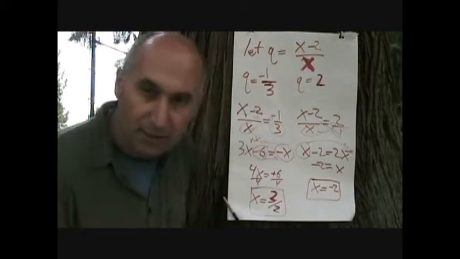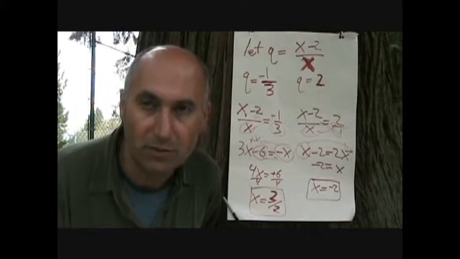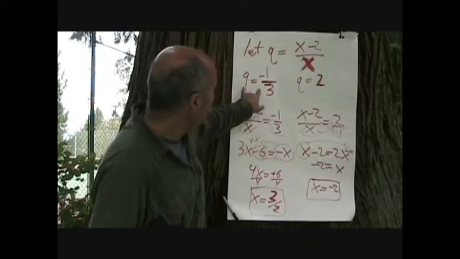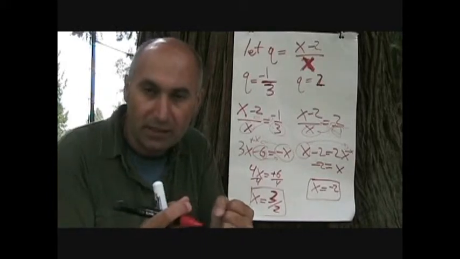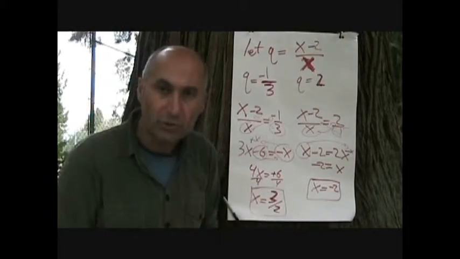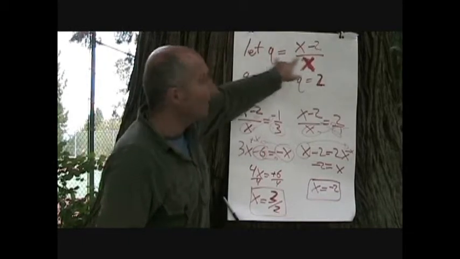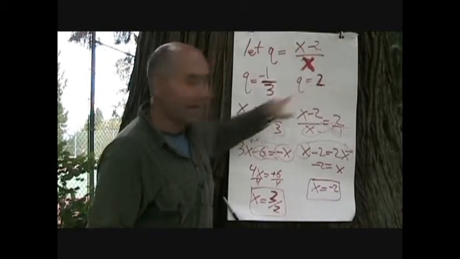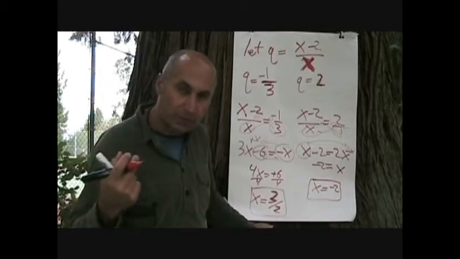Q was, again, something that we introduced into the process to make the expression simpler for us to solve. So what we did was use the let statement to simplify things for us. That way we could work with it, crunch, crunch, crunch, get down to this level, and then resubstitute whatever our let statement was for the x's and solve for the x's and get our answers to the original question. Okay?